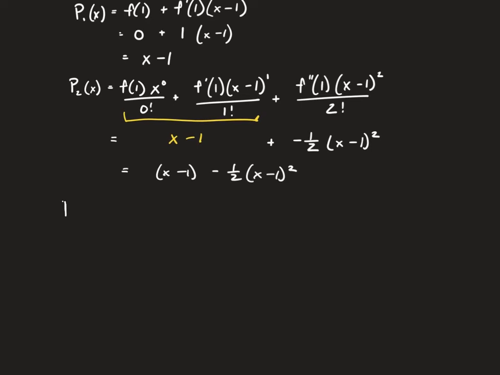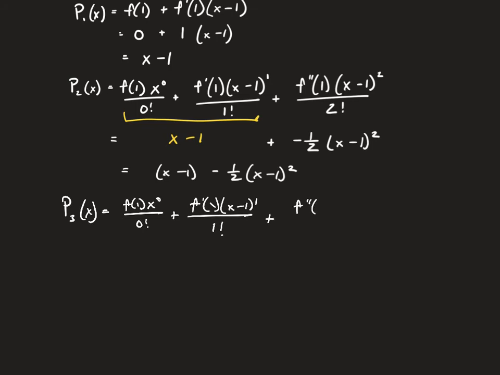What about the 3rd degree polynomial? Okay, so again, if I do that and I just fill it in here, that's the first term, here's the 2nd term over 1 factorial, plus the next term.